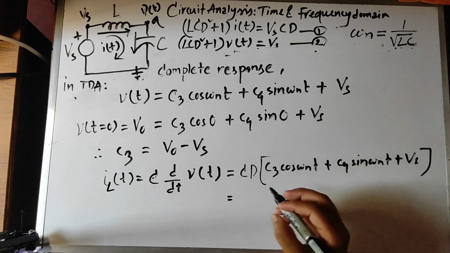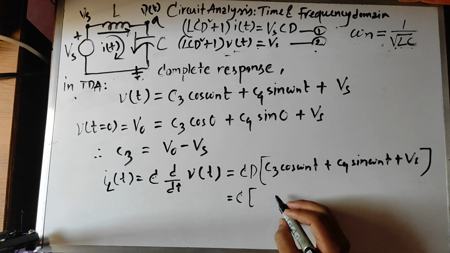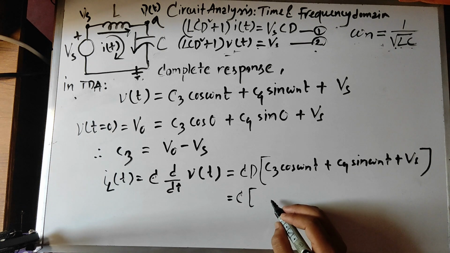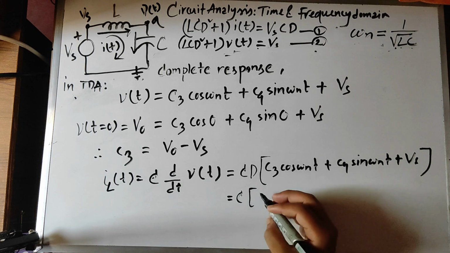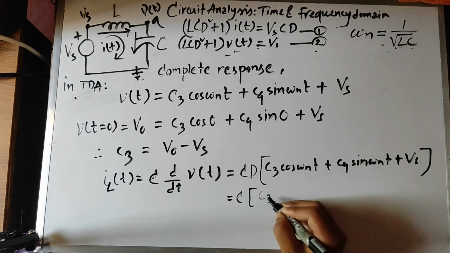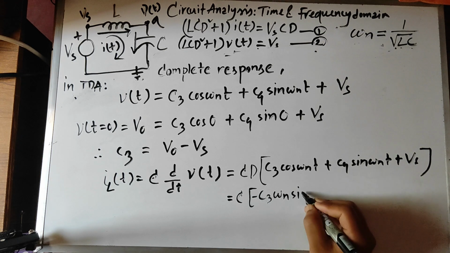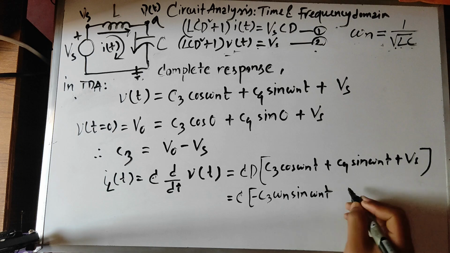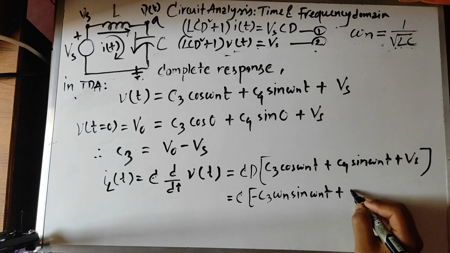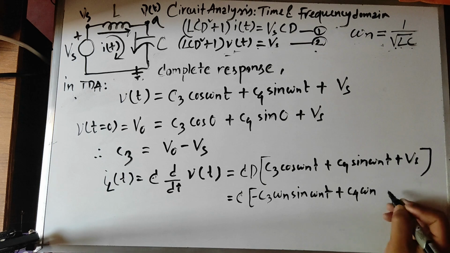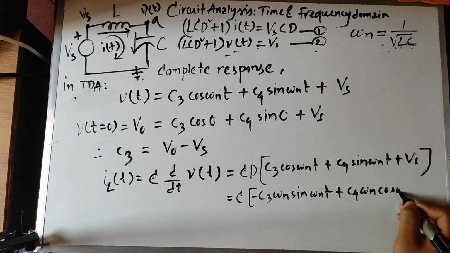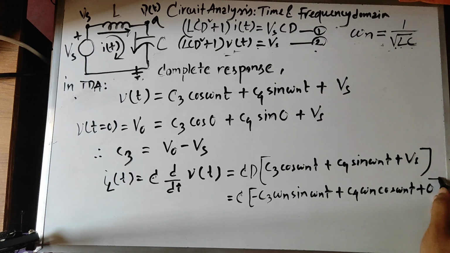If we just differentiate this, we get C times minus c3 omega n sin omega nt plus c4 omega n cos omega nt plus 0.